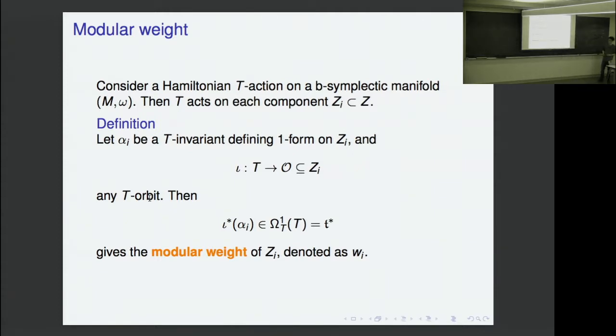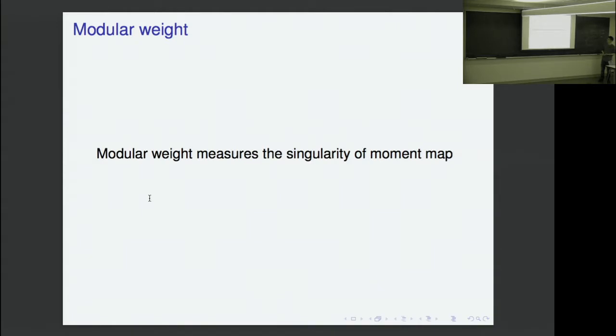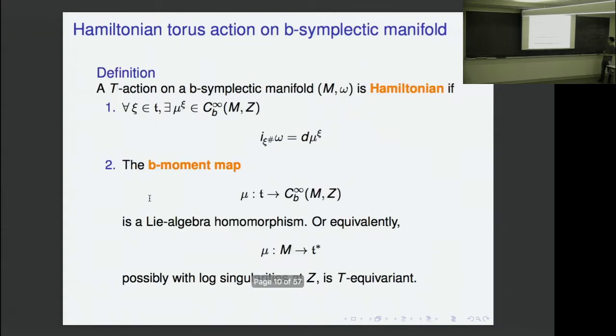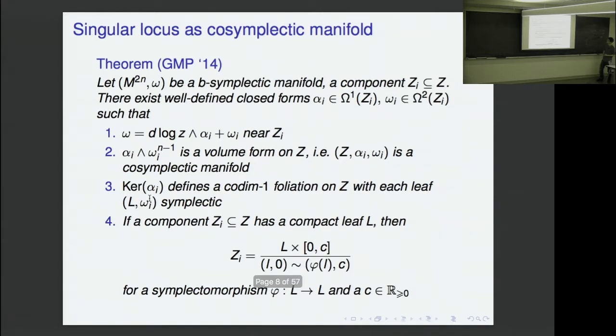The importance of this modular weight is as follows. The modular weight is going to measure the singularity of the moment map, and this can be seen if we go back to this description, the T log Z, which is alpha plus omega_i. This alpha_i is going to be the one form on Z_i. And now if the weight has non-trivial pairing with the torus, then when we do the contraction, we will have log Z coming out as the primitive function.